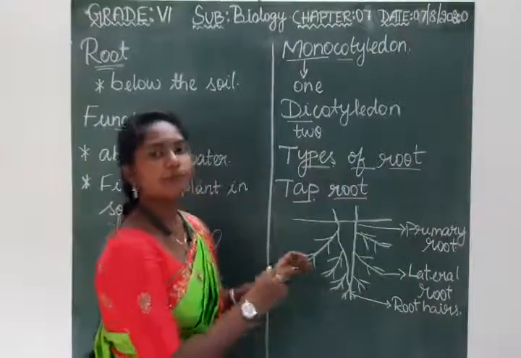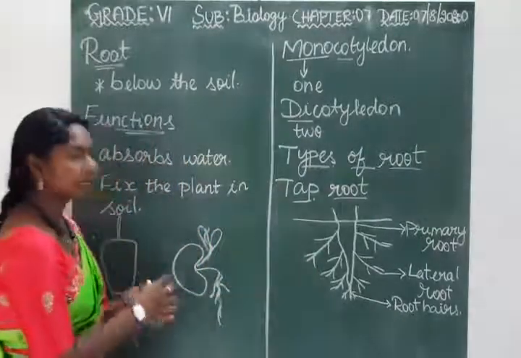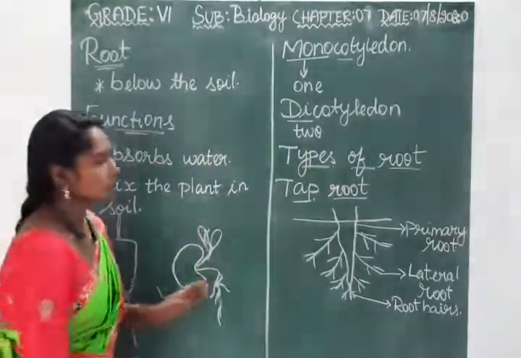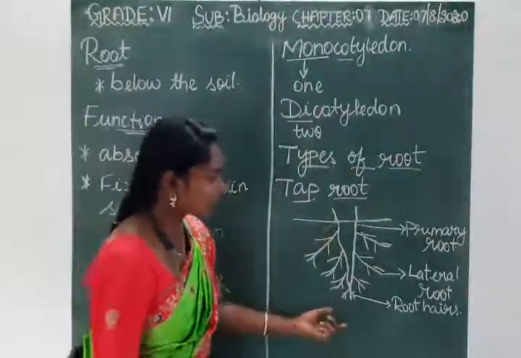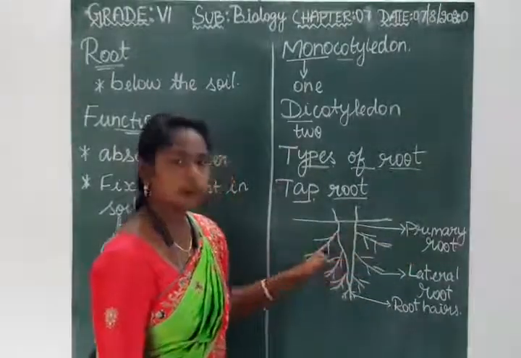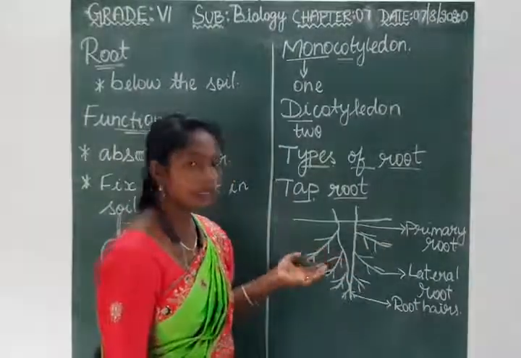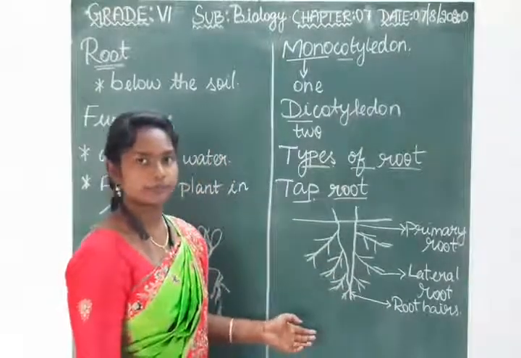This type of root we can observe in the seeds which have the dicotyledon. So dicotyledons have the root like taproot system: the main branch, that is the primary root, and the branches from the main branch, that is the lateral roots. This is about the taproot system.